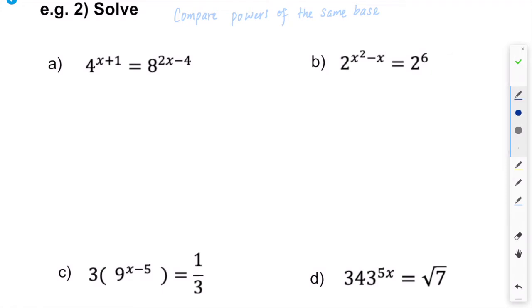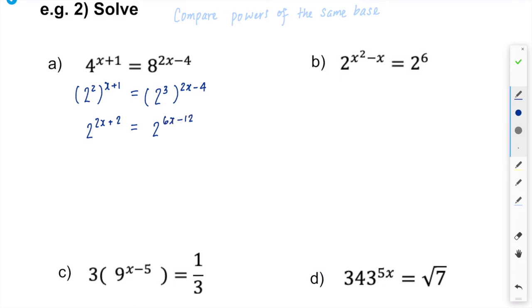I have a power of 4, a power of 8 on the left and right side of 2a. I can't write 8 as a power of 4, but both of these can be written as powers of 2. So let's start with that. Using exponent laws, power of a power, I multiply the exponents.